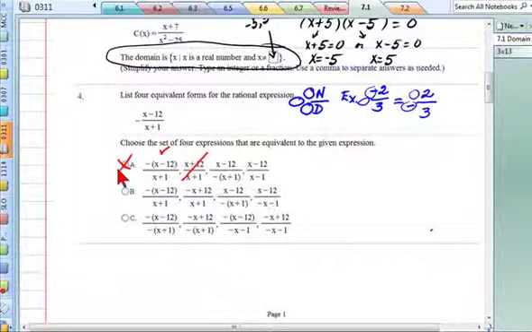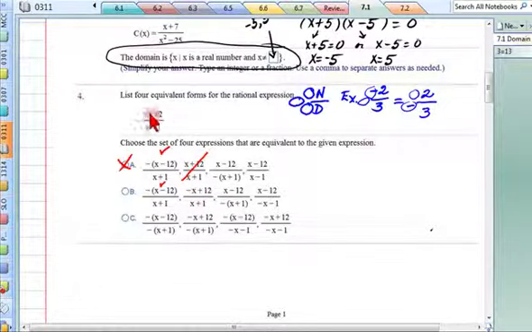Okay, let's go on. Just bear with me because I know this is tedious. All right, look at choice B. We have already said that negative parentheses x minus 12 over x plus 1 is the same as the original because there were 2 sign position changes. Let's look at this. Got to keep that one up there. All right, the numerator.